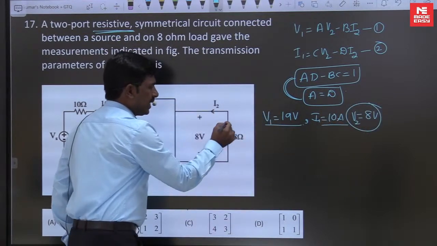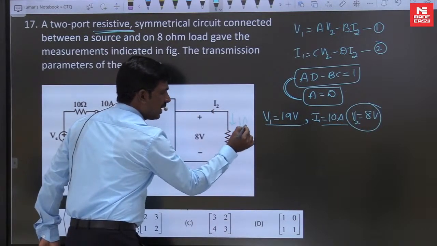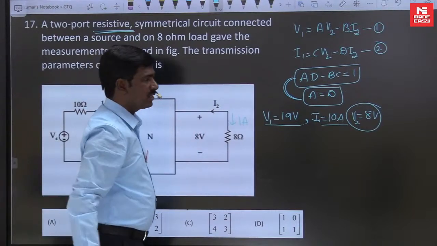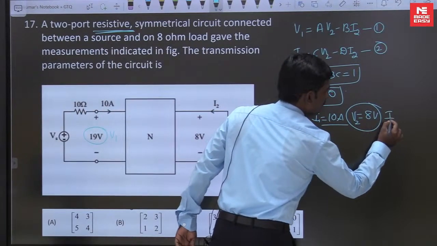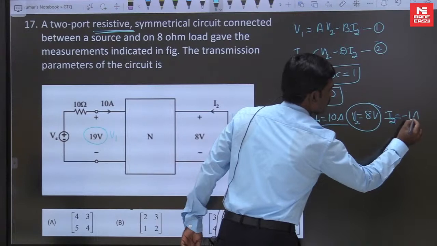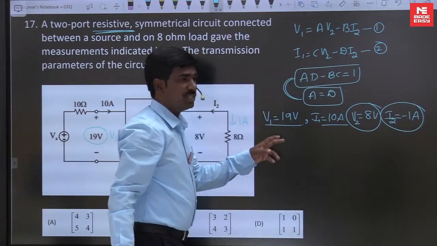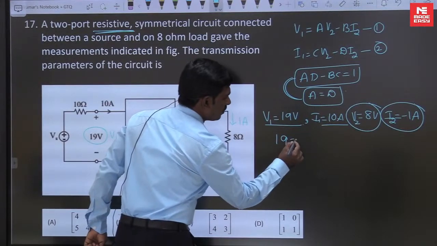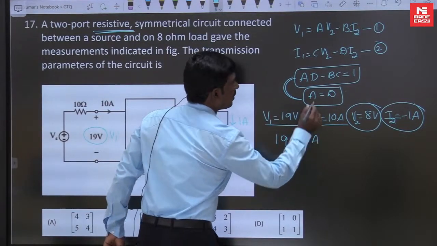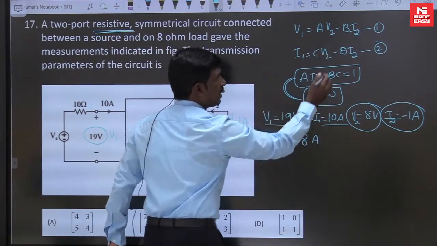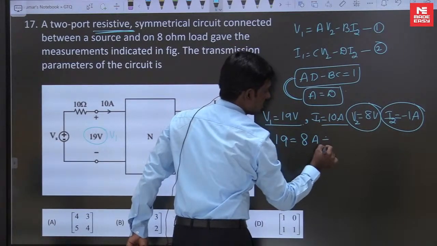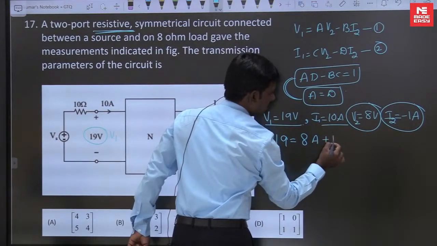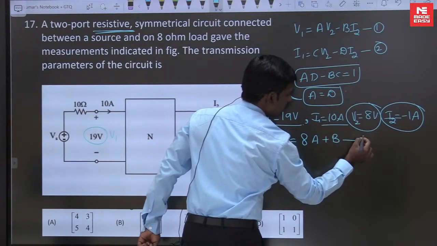I2 is 8 by 8, which is 1 ampere, and I2 is minus 1. Now substitute these values in the equation. V1 is 19 is equal to 8A plus B, since I2 is minus 1. This is equation 1.